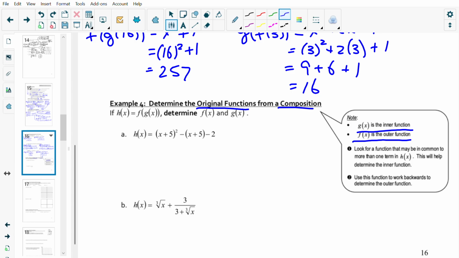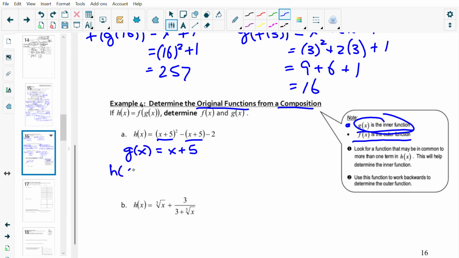Okay, so if we're defining that g of x is the inner function, well, I see x plus 5 and x plus 5, so if we think backwards, g of x must have been the function that we substitute into f of x to make h of x. So g of x must be this function that's substituted.